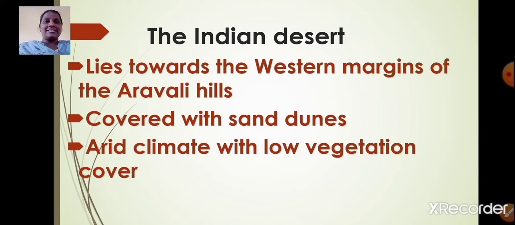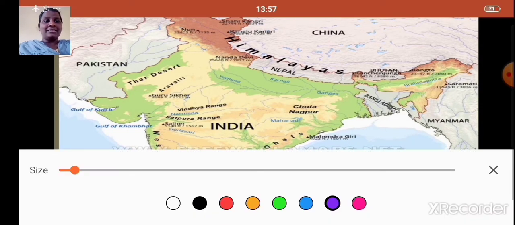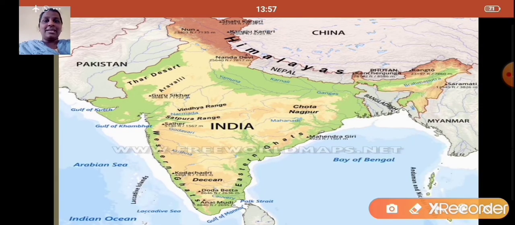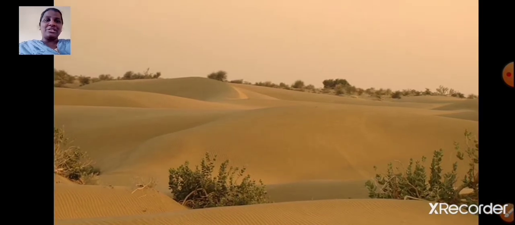Let us look at this map. Here you can see the Aravalli range, isn't it? Towards the west of Aravalli we have the Thar desert, that is Indian desert. Here is the image of the desert.